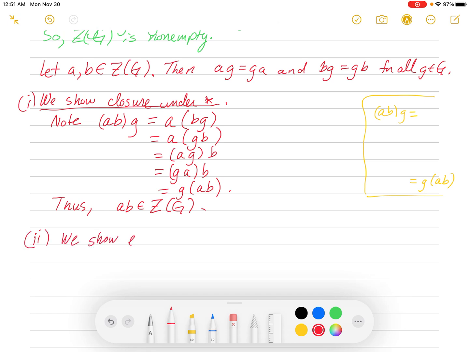Number two, we want to show each element of the center has an inverse in the center.